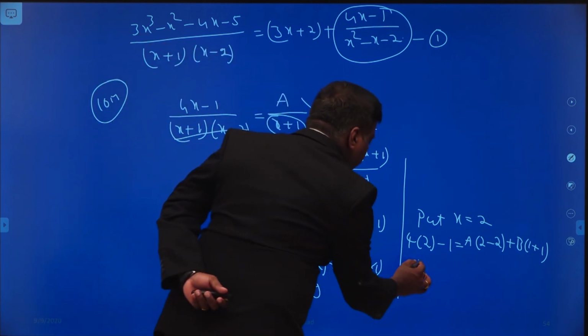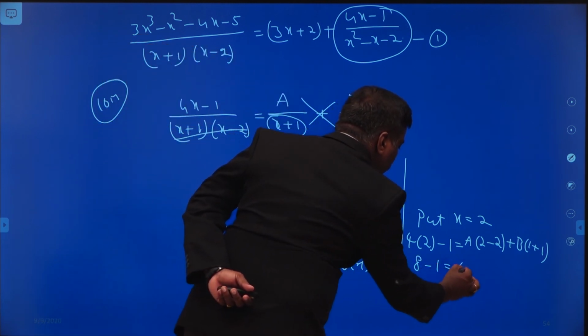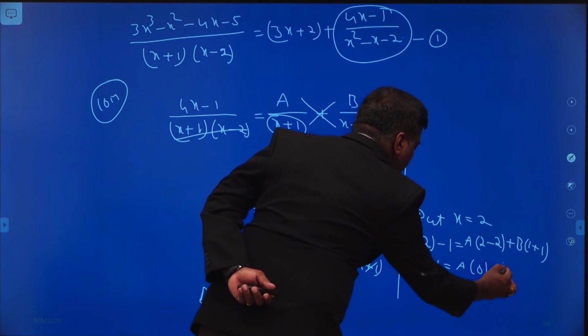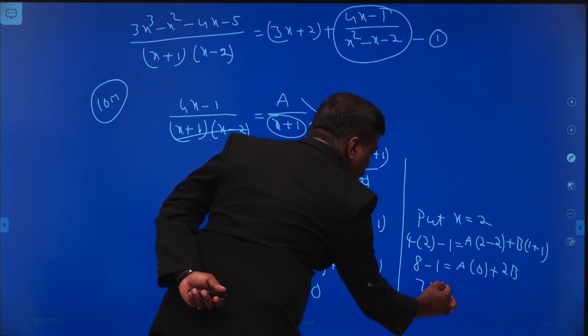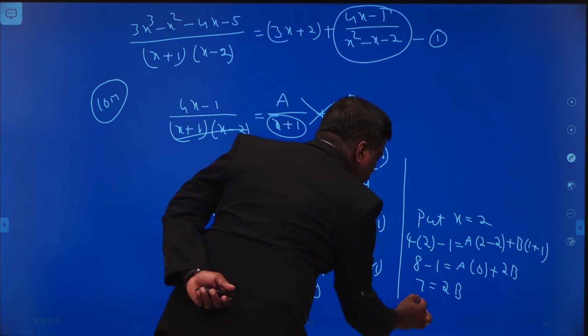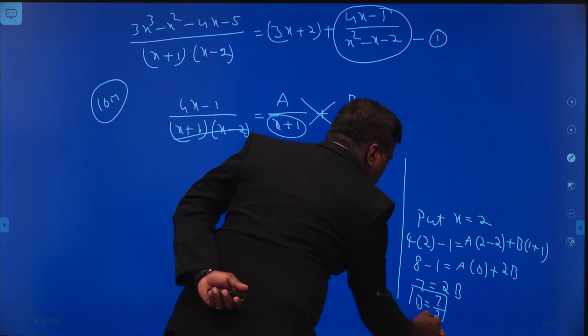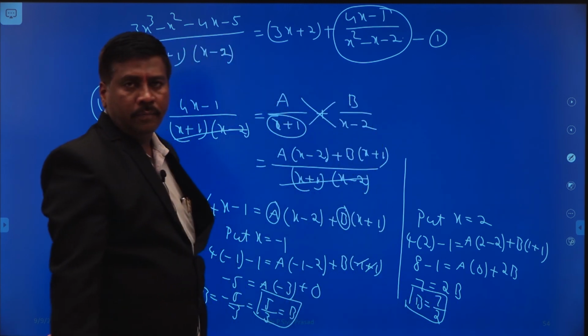Therefore 8 minus 1 is equal to a into 0 plus 3b. Therefore 8 minus 1, that is 7, is equal to 3b. Then b is equal to 7 by 3.